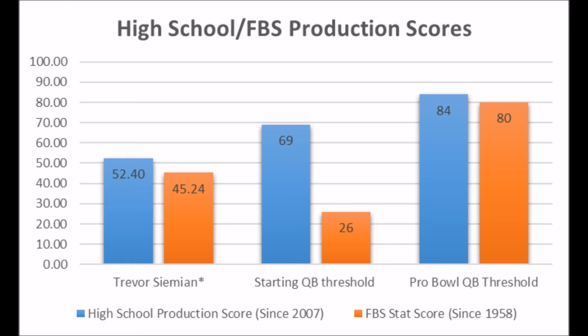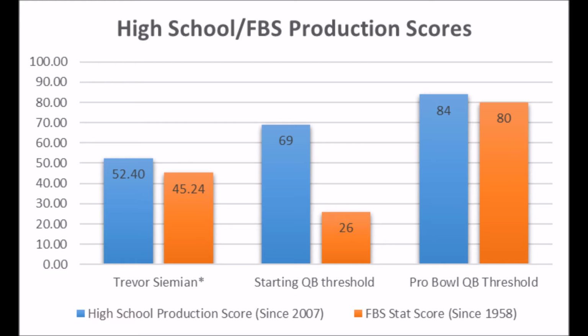The highest college production score for a multiple Pro Bowler is about 49. So Trevor Siemian really doesn't hit the bottom end threshold of Pro Bowl quarterbacks, nor does he hit that with his high school production. And thus, I just don't think things are going to look very good for Trevor Siemian in the future based on his production profile.